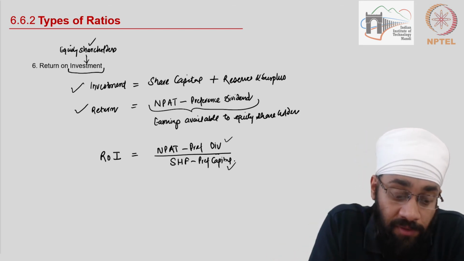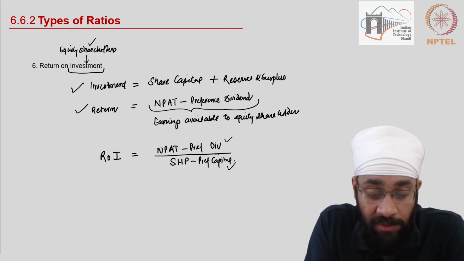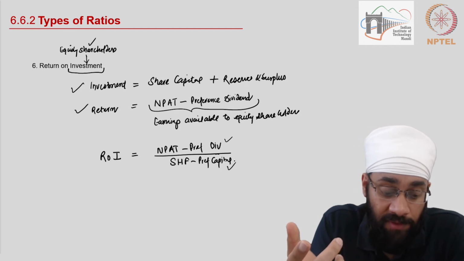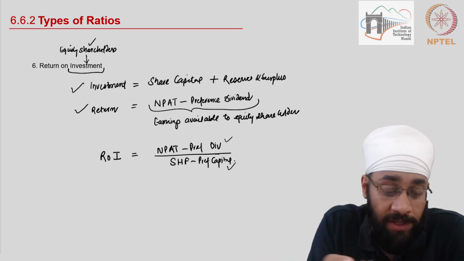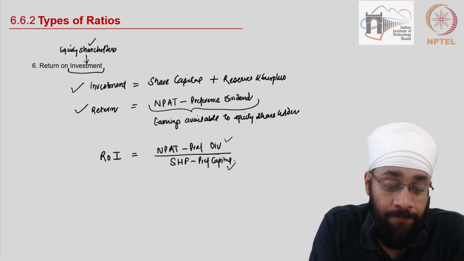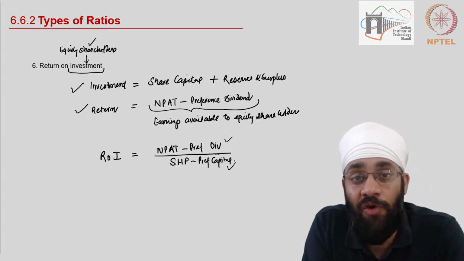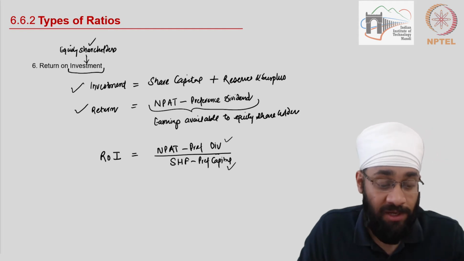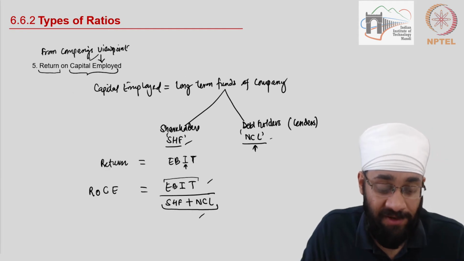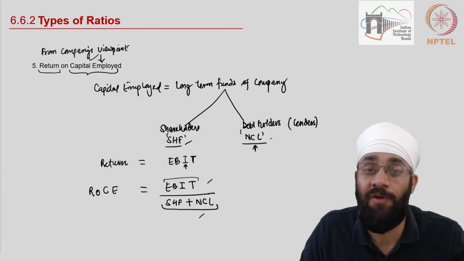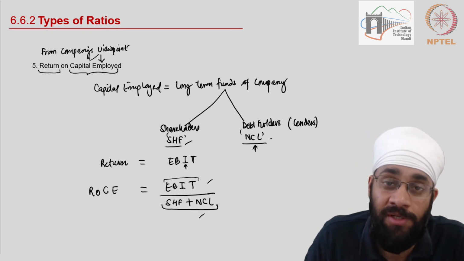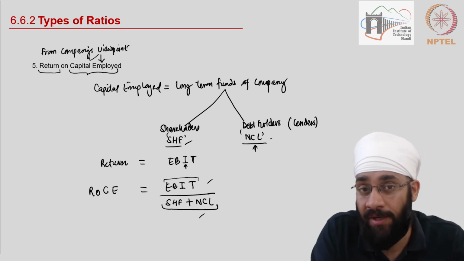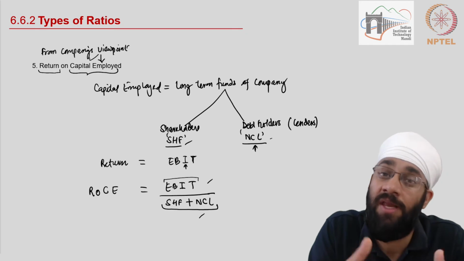For example, we could switch the two. Maybe one of the financial websites that you look at says that return on investment should be from the business's point of view, not the equity shareholders' point of view. So they may switch indicators number 5 and 6. Return on capital employed would then be from the point of view of the equity shareholders. So there can be those debates, but the nomenclature is of less importance.